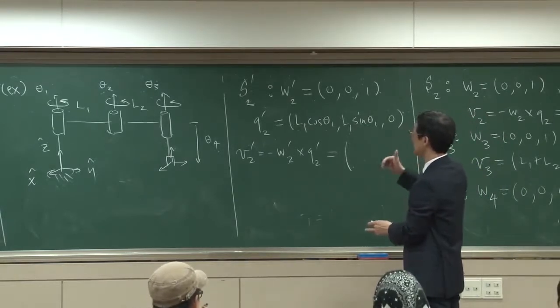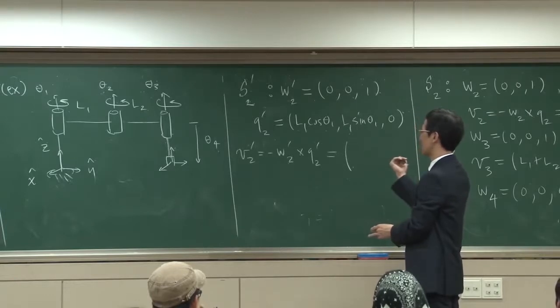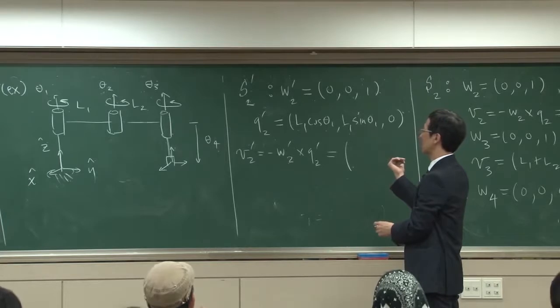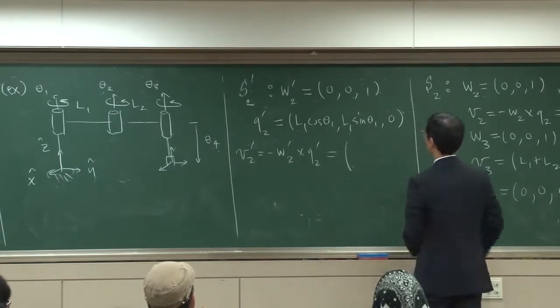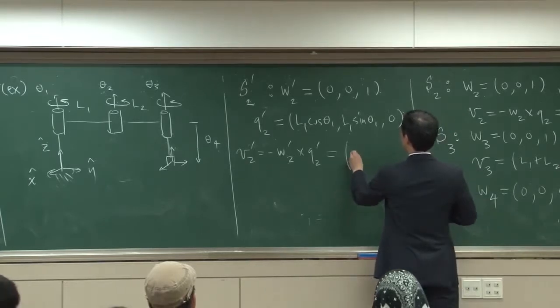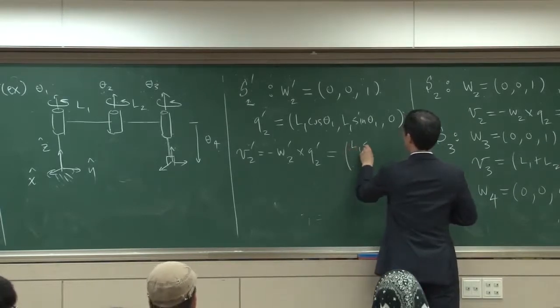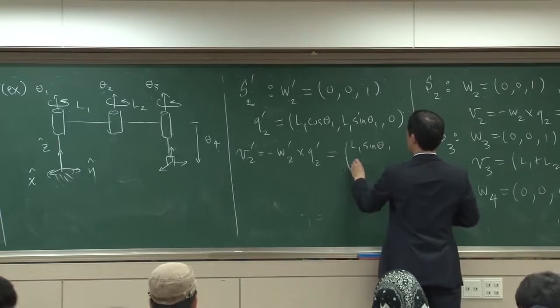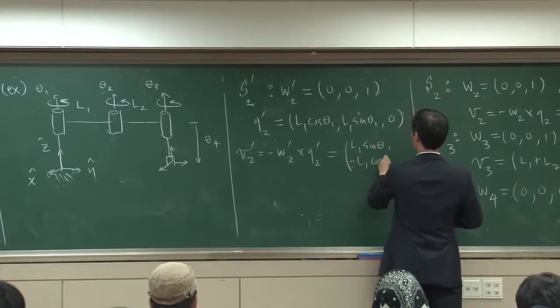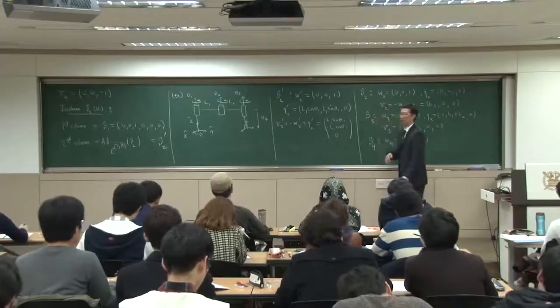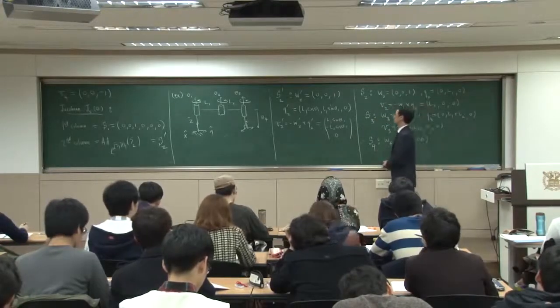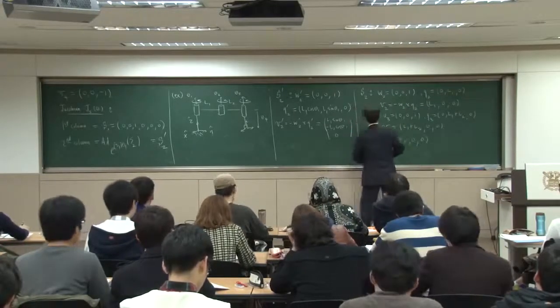So it's z cross that, boom, it's that. So it's x becomes negative, y is positive. So x positive, y negative. So I believe this becomes L1 sine theta 1, minus L1 cosine theta 1, 0. Is that right? Okay. There's my v2 prime.